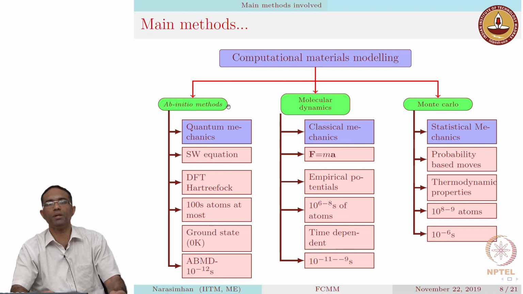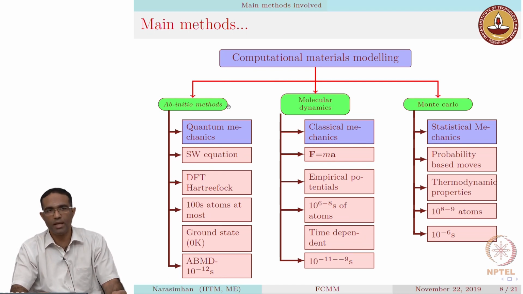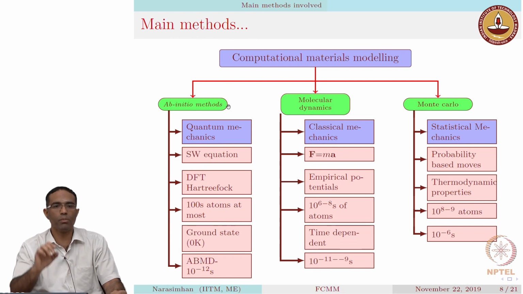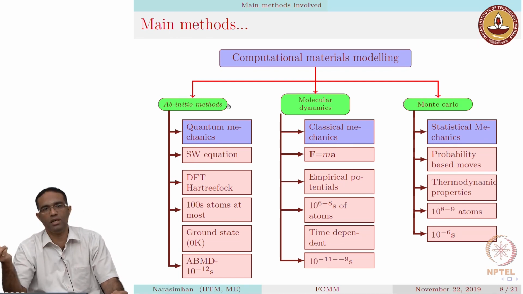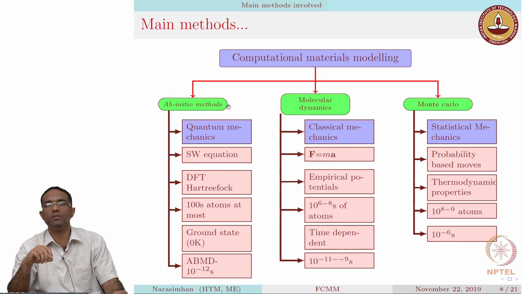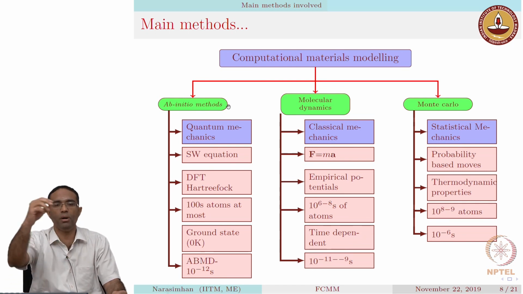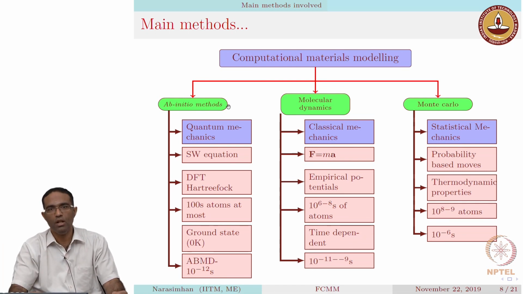But for several properties, it is sufficient to have this many atoms. For example, the formation energy of an isolated vacancy, or the amount of energy required for an atom to make a jump from one lattice site to the other. For such properties, ab initio calculations provide extremely accurate and reliable numbers.